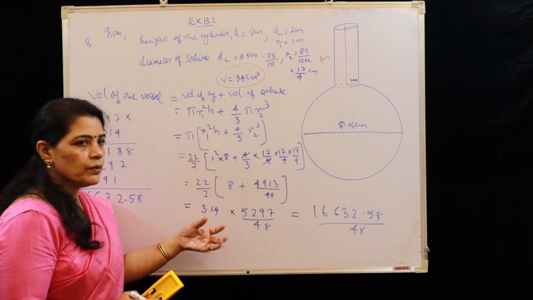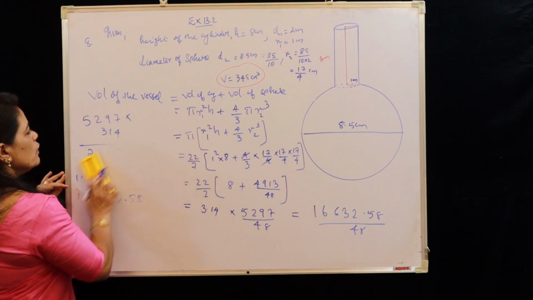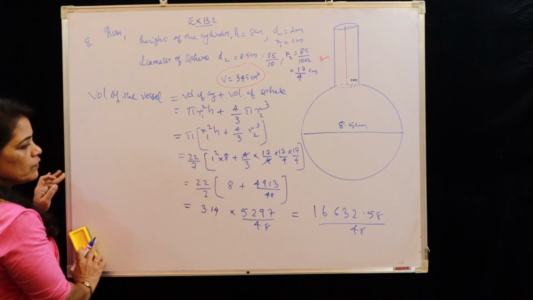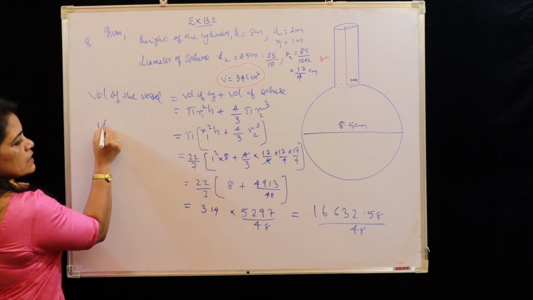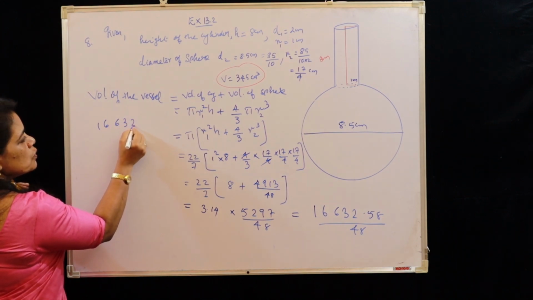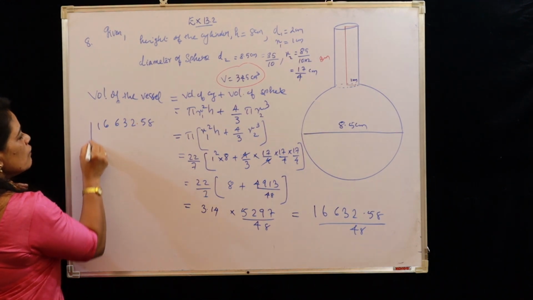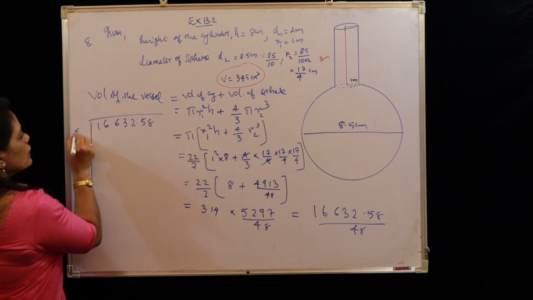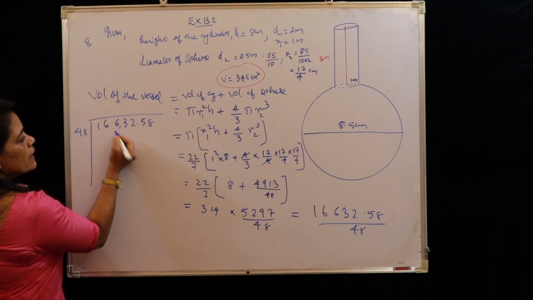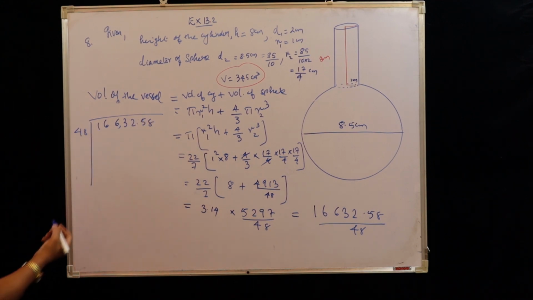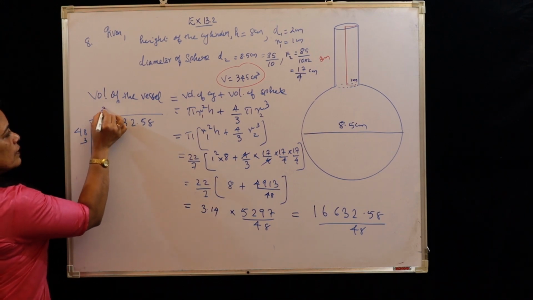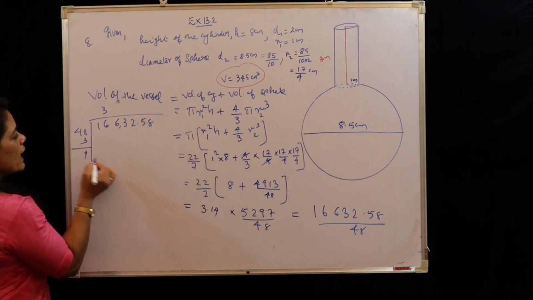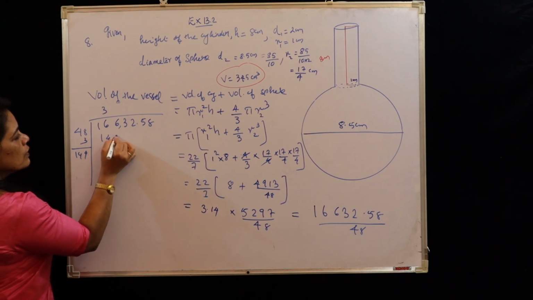You can divide with 2 also, doesn't matter, but I am not doing that step. So we are going to divide this number, 16632.58, with 48. We can take 166. So 3, 2 carries, 144.